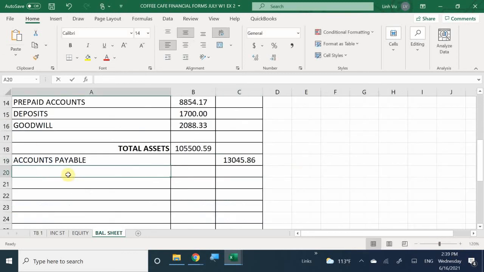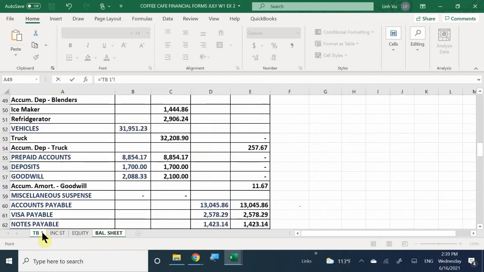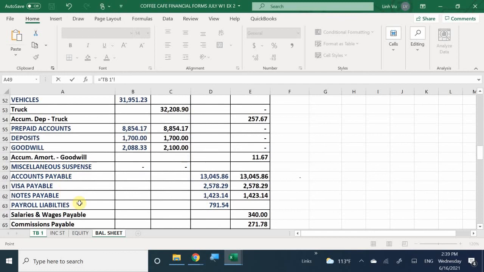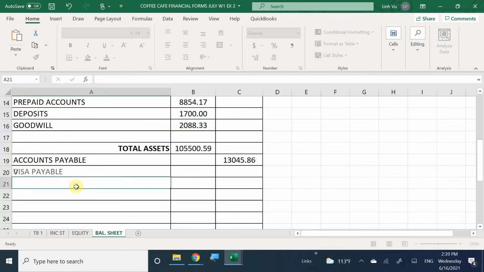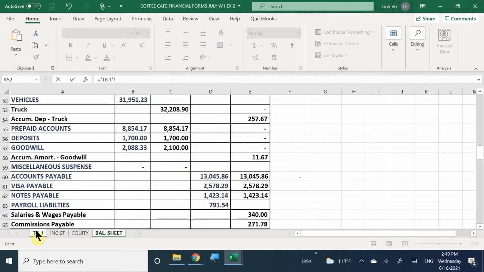Okay. And then Visa payable, for 25.78.29.